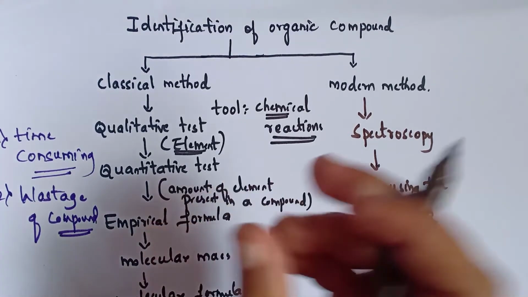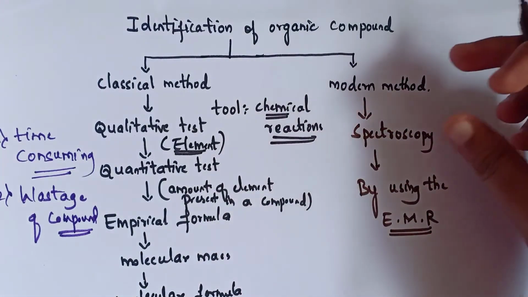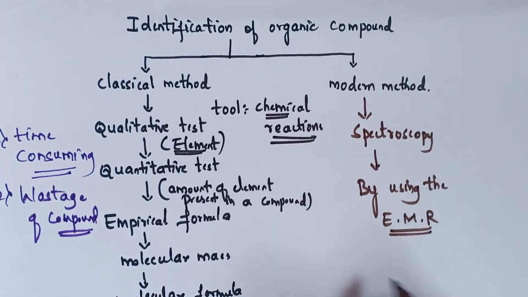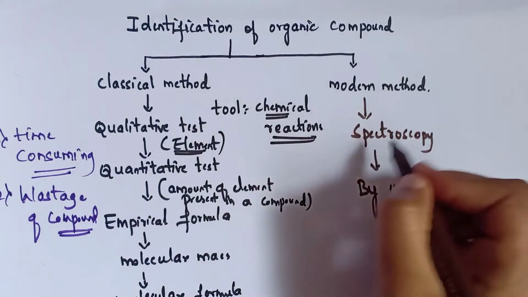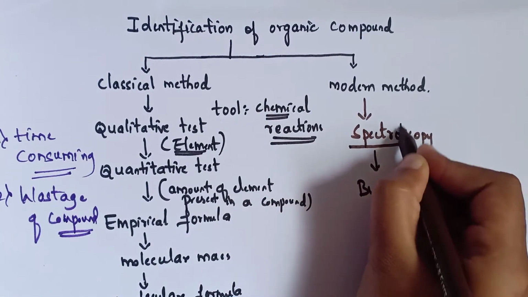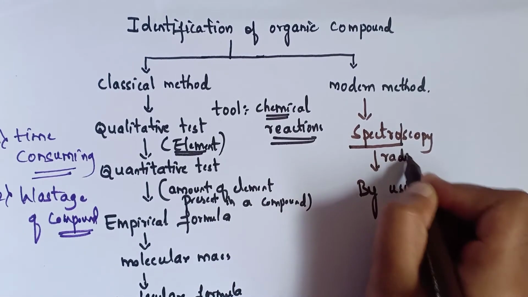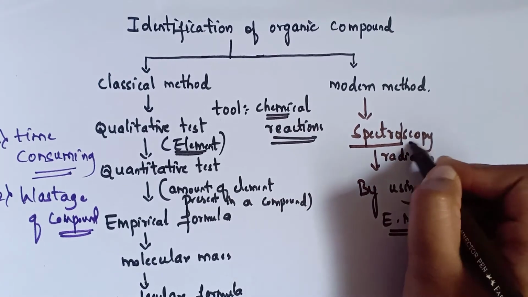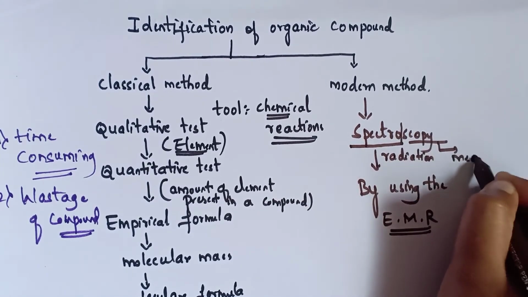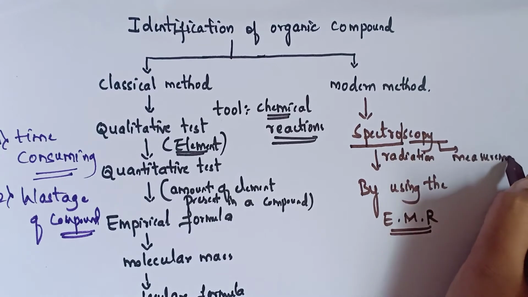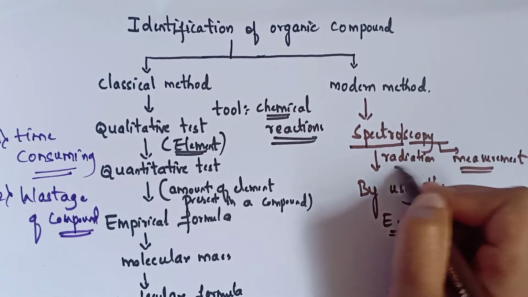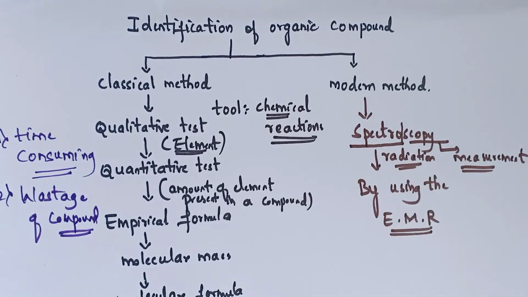In the classical method, the tool was chemical reaction, but in the modern method, the tool is electromagnetic radiation. Now, first, let us learn about the meaning of this spectroscopy. Here, spectro means radiation and scopy is measurement. Radiation measurement is the meaning of spectroscopy.